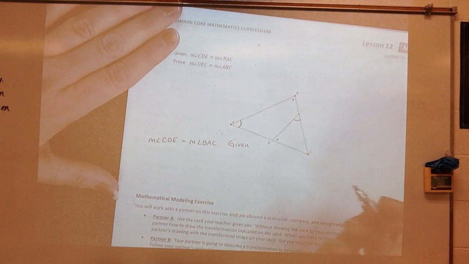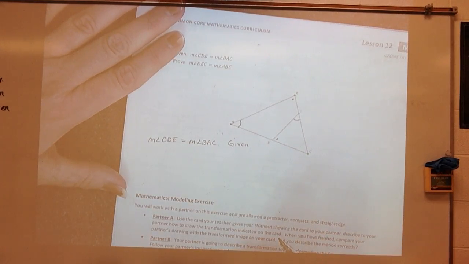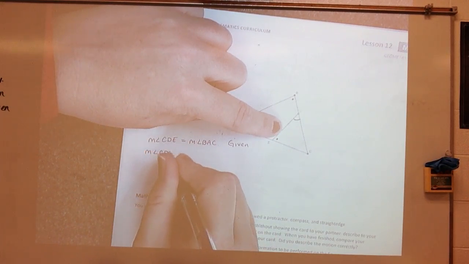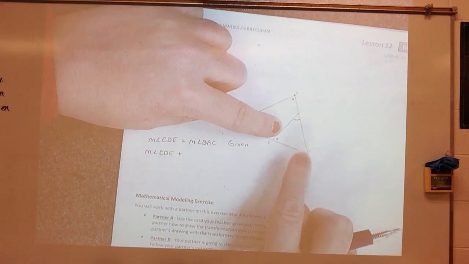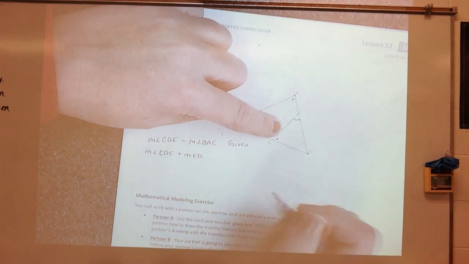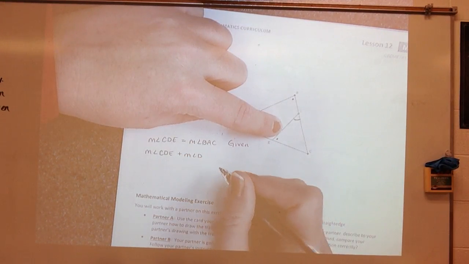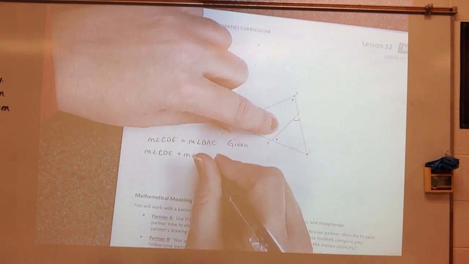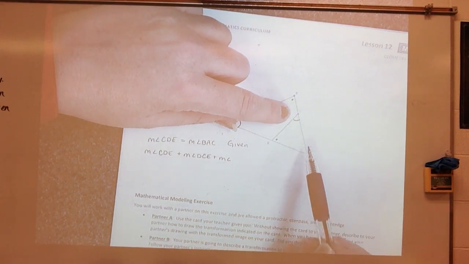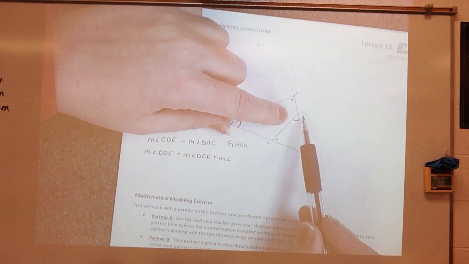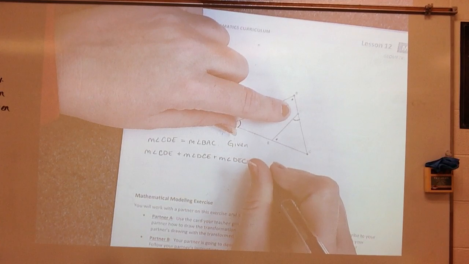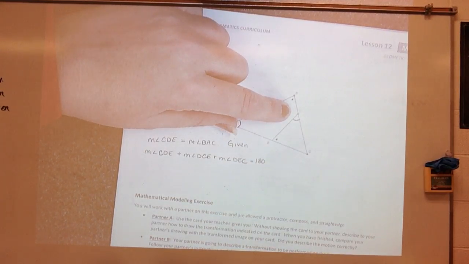So I can say the measure of angle CDE, I'm going to look at this little triangle here, plus the measure of angle DCE, plus the measure of angle DEC is equal to 180, alright?